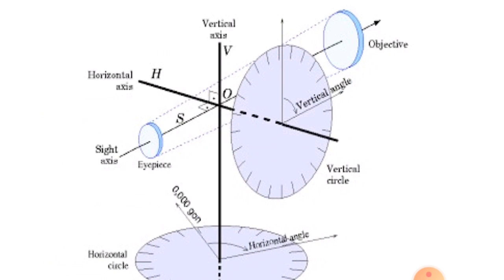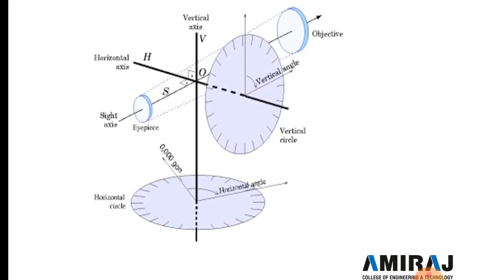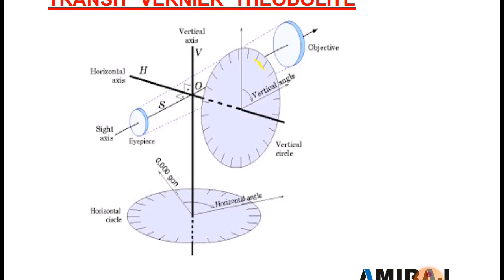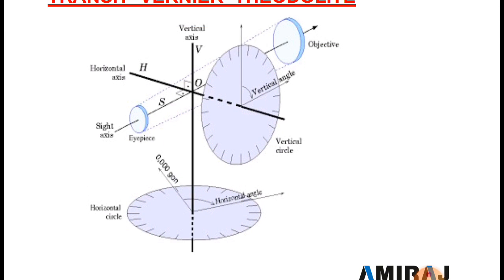And here two circles are provided. The vertical circle is provided here, and the horizontal circle is provided here at the bottom. All the vertical angles are measured from the vertical circle, and all the horizontal angles are measured from the horizontal circle.